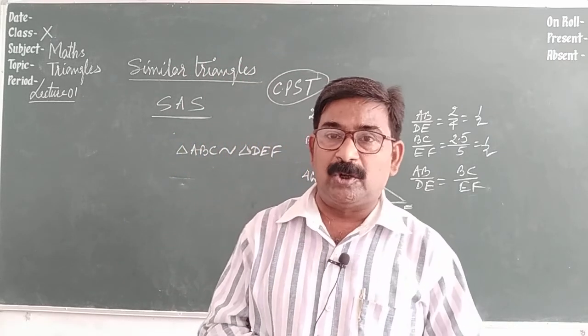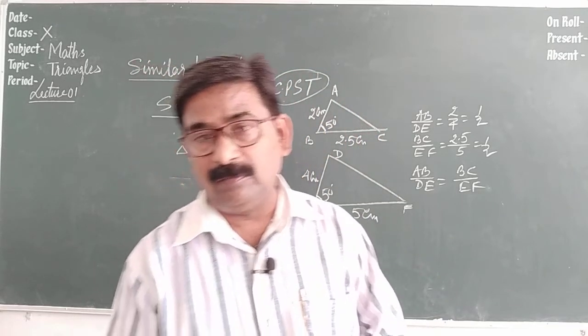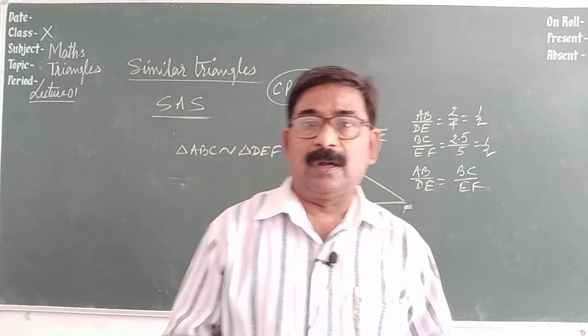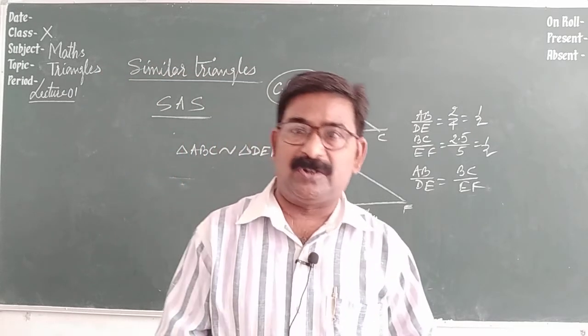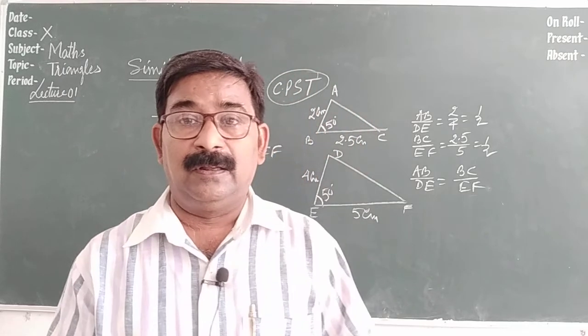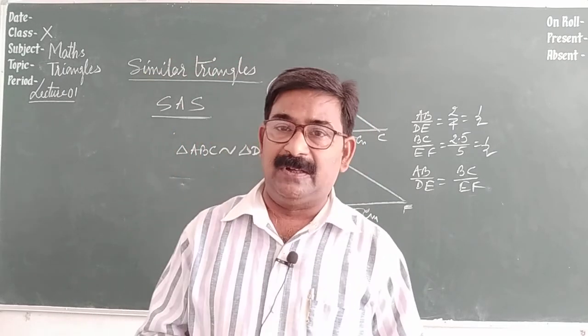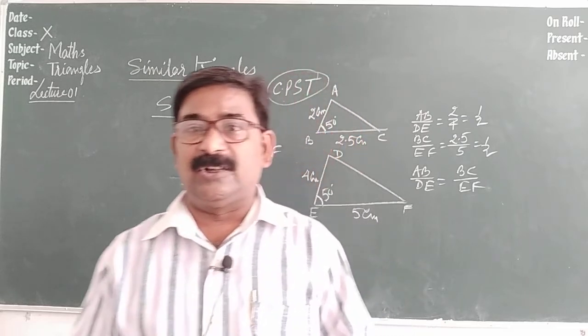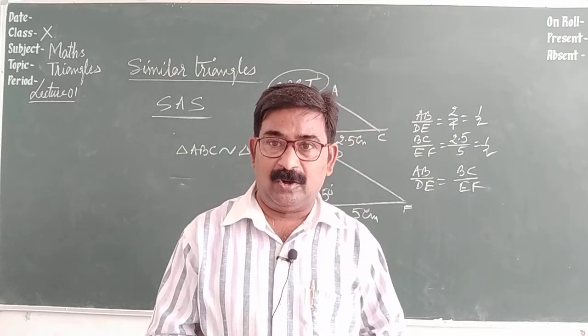Two triangles are said to be similar if the ratio of corresponding sides is equal. If corresponding angles of two triangles are equal, then triangles are said to be similar by AAA. And the last one is, if the ratio of any two corresponding sides is equal and the angle between them is also equal, then triangles are said to be similar by SAS criteria of similarity.